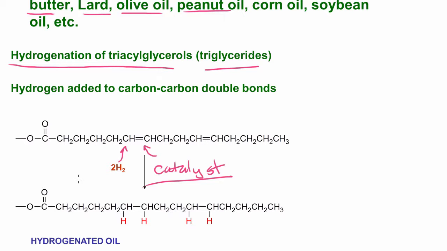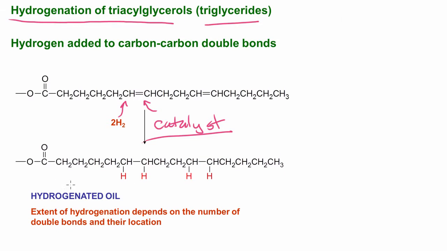Remember, we've been told now that margarines are not good for us because they contain trans fats. And this is what happens. Hydrogen is added to the double bonds, and we end up with a hydrogenated oil. We can actually control the extent of hydrogenation, and that's just going to depend on how many double bonds and the location of those double bonds in the original oil.